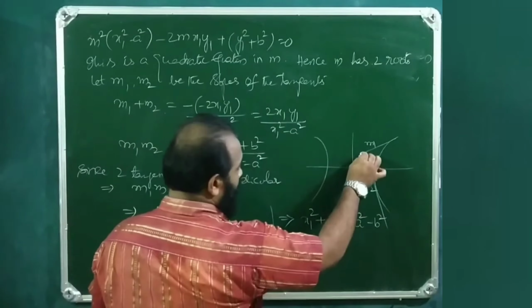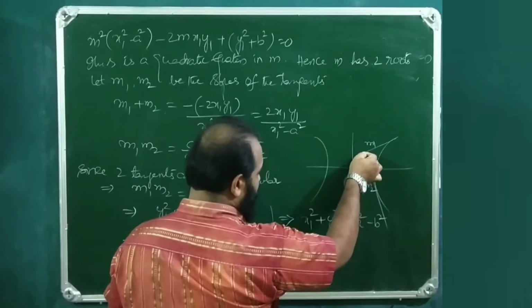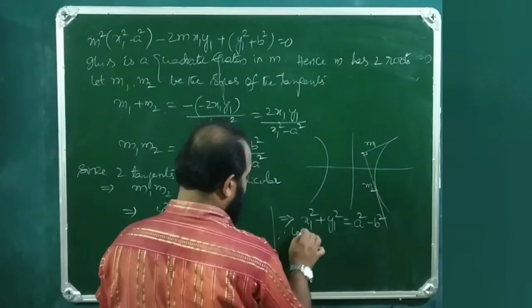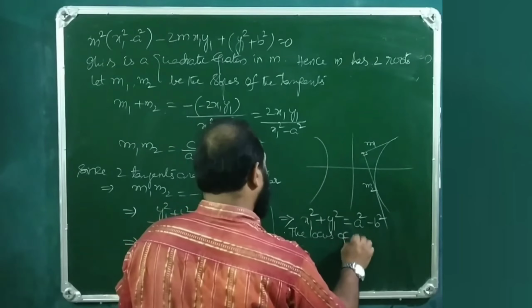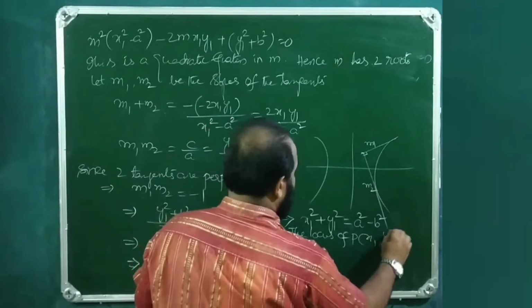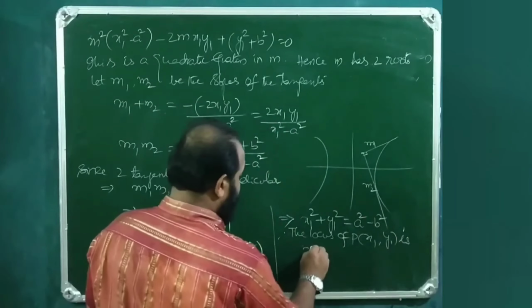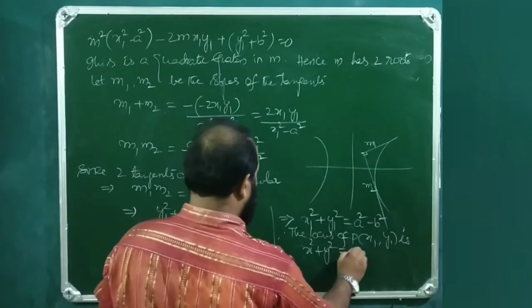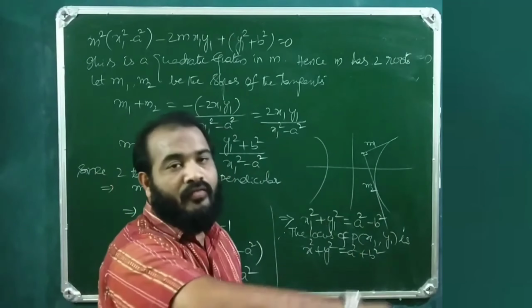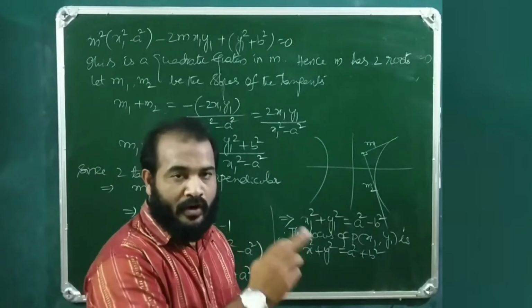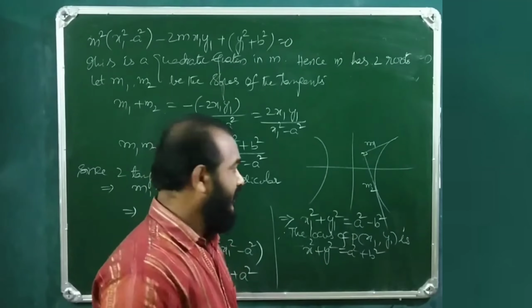Therefore, the locus of P(x1, y1) is x square plus y square equals a square minus b square. There are so many points formed by the point of intersection of two perpendicular tangents.